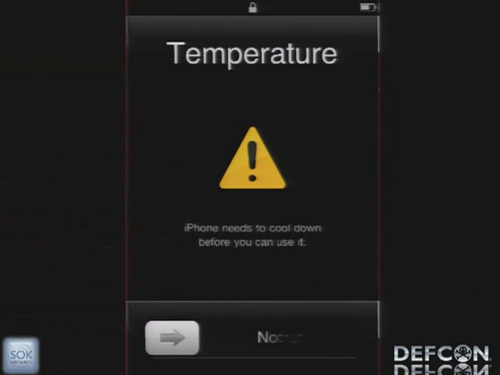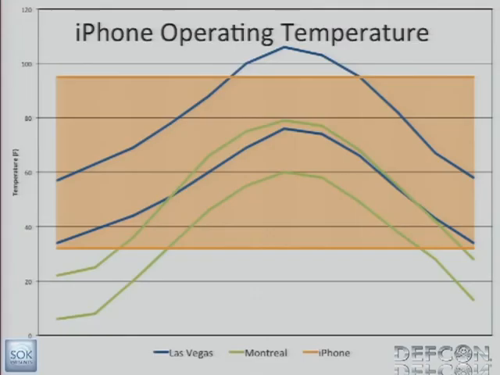This is what happens when your iPhone gets too hot and eventually tells you. But did you ever wonder what happens maybe before the screen has a chance to come up in devices that don't have one, or even under what temperature it comes on anyway? So I've got a handy graph here for you guys.